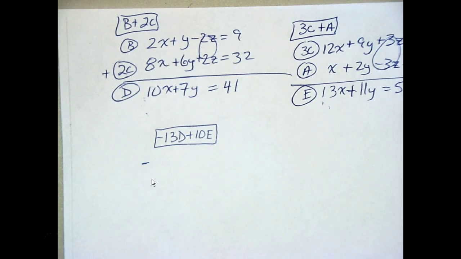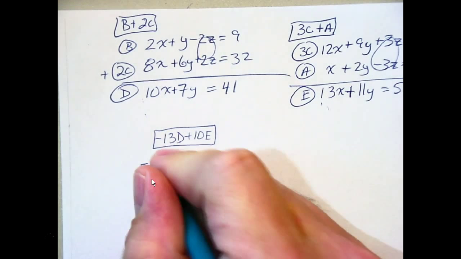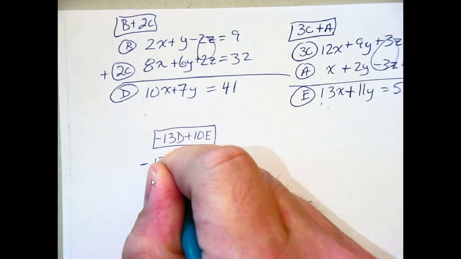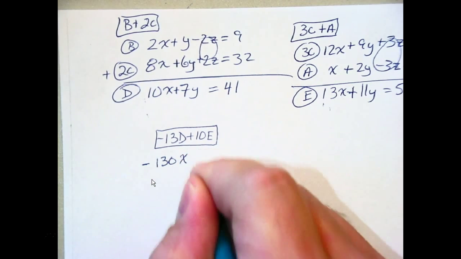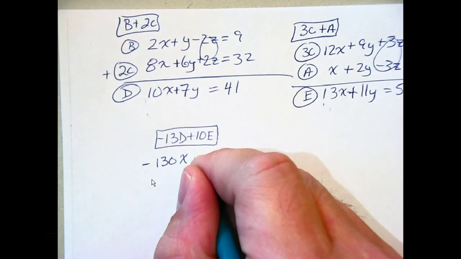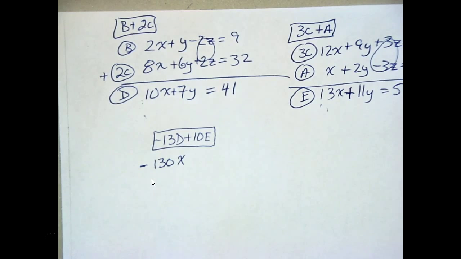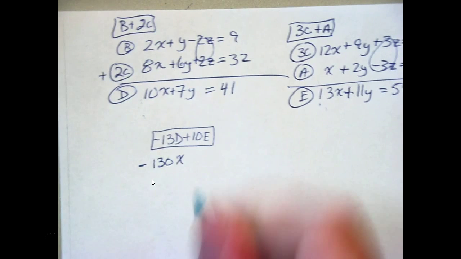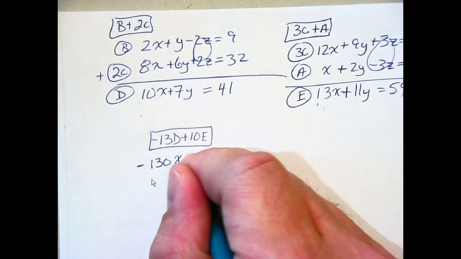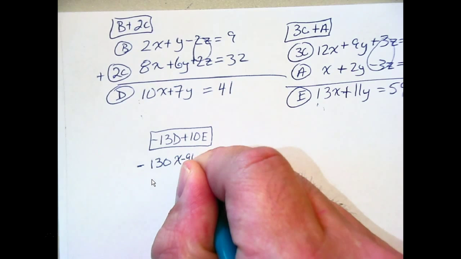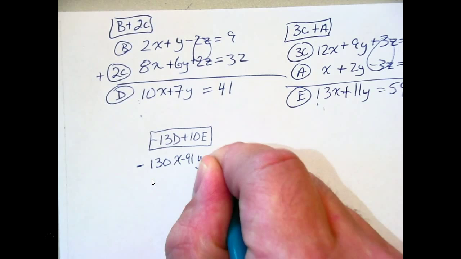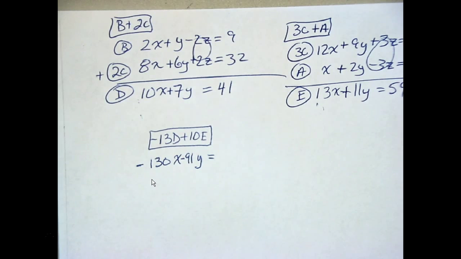Okay. So next step here, we have negative 130x minus 13 times 7, so minus 91y equals 41 times 13, 533.